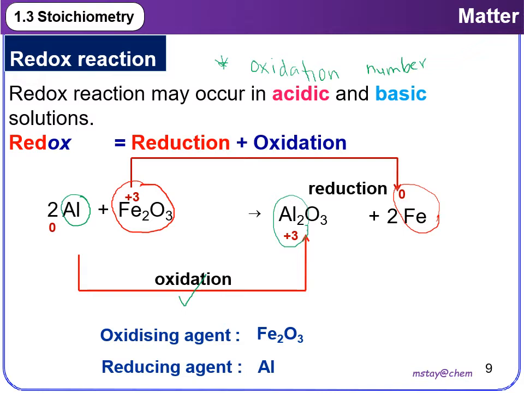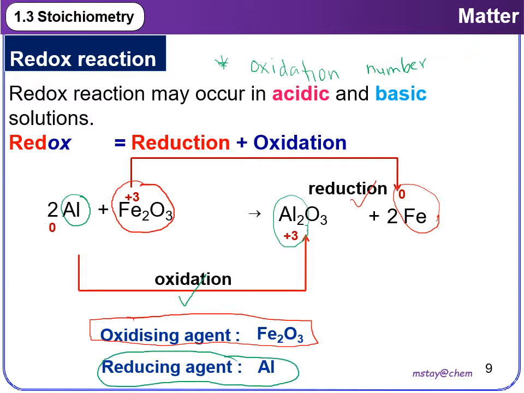We notice the oxidation number decreases, so Fe in this case undergoes reduction. The species which undergoes reduction is known as the oxidizing agent, while the species which undergoes oxidation is known as the reducing agent.